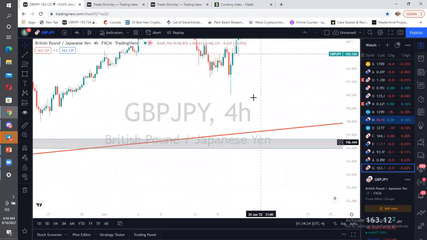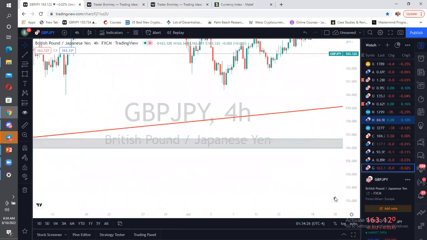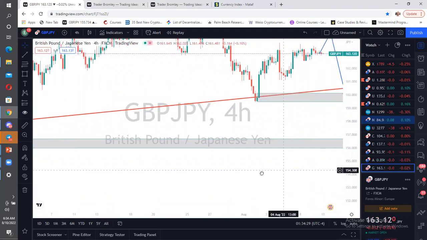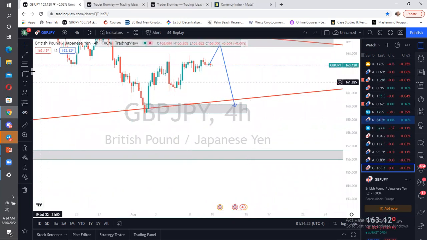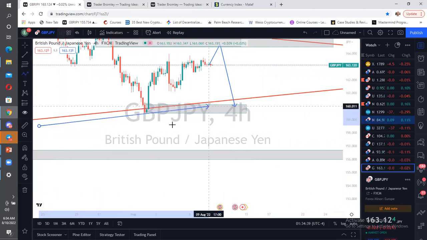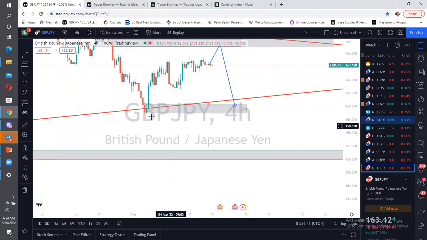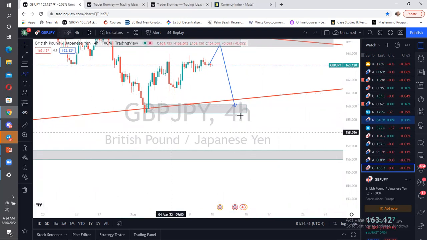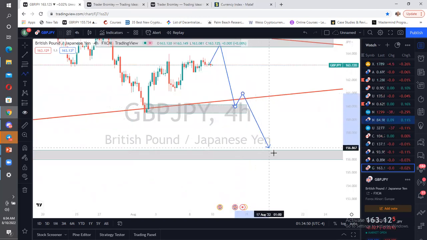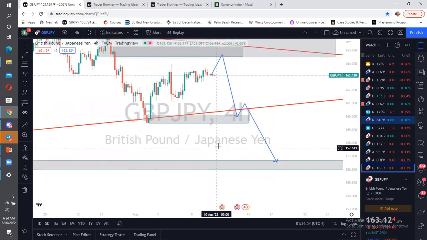All right. That is what we'll be expecting from this pair. We'll have this as first level of target. Then also we'll have this as second level of target. That is to say, we would like to have this from here, a little pullback, then back again to this zone. So this is what we'll be expecting from this pair.